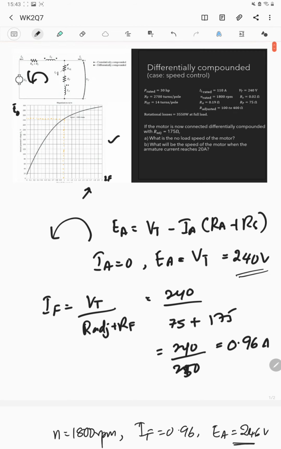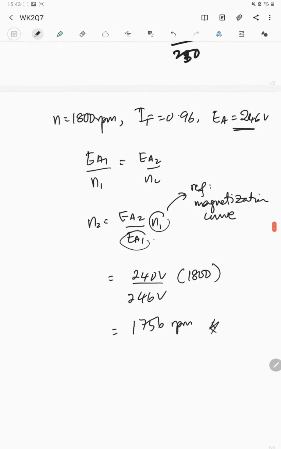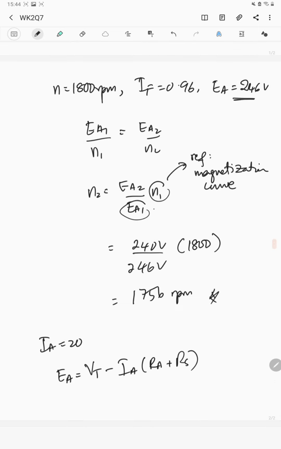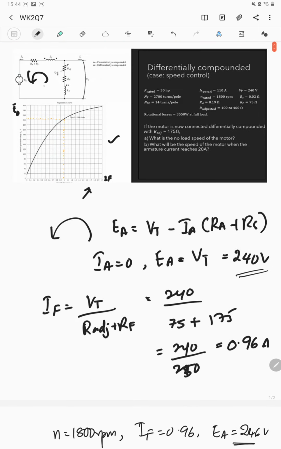What is the speed of the motor when the armature current reaches 20 ampere? When IA is 20 amps, EA will be much less than EA at no load. We follow this equation because we look at this circuit at the top here, in which this line to this line is VT, and you have RA plus RS here.